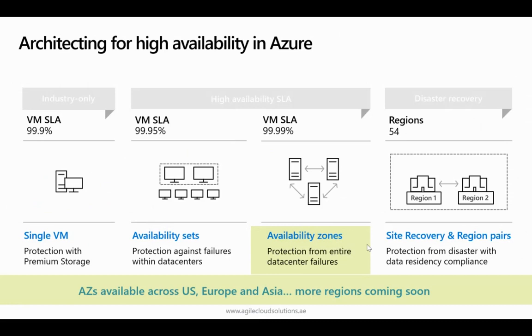The availability set: what is an availability set? It ensures how your fault tolerance and your patch management will be taken care of by Microsoft. The availability zone is nothing but physically independent data centers with their own compute, network, storage and power.